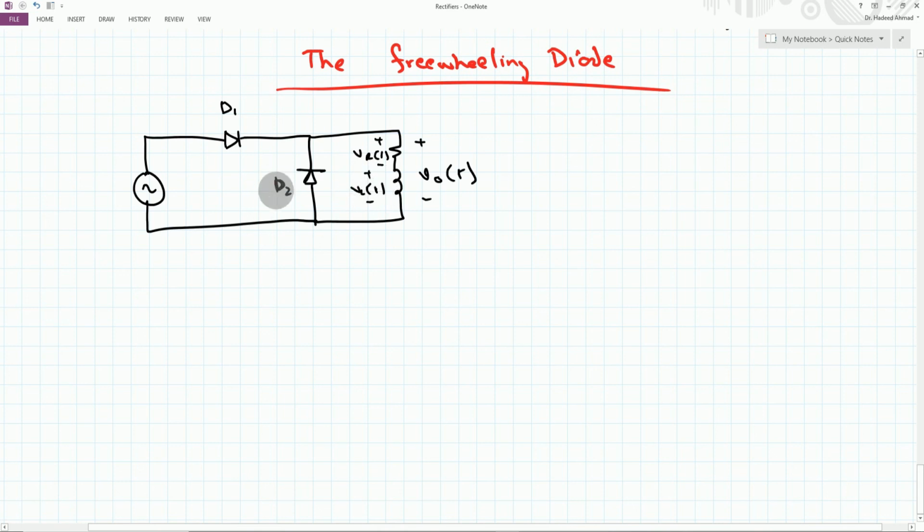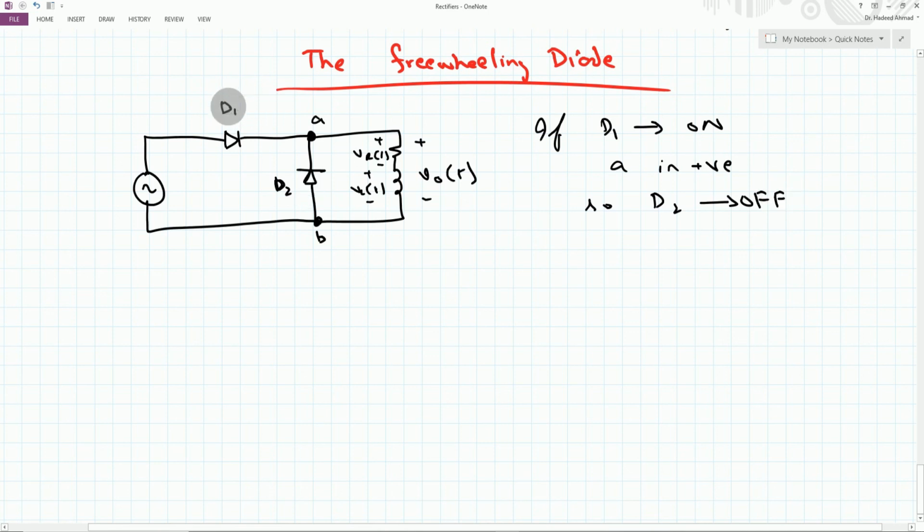Now we have two diodes, D1 and D2. If D1 is on, then this particular point A is positive with respect to point B, and therefore D2 is off for the entire duration when D1 is on.